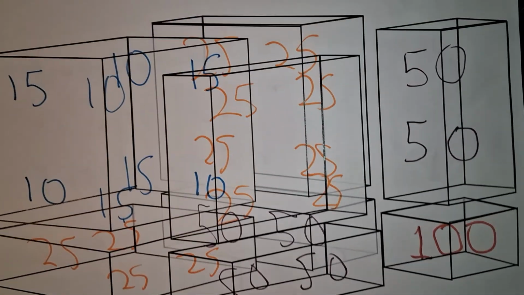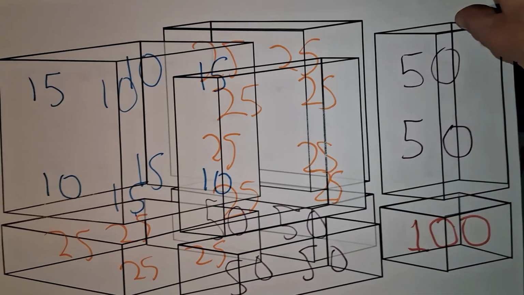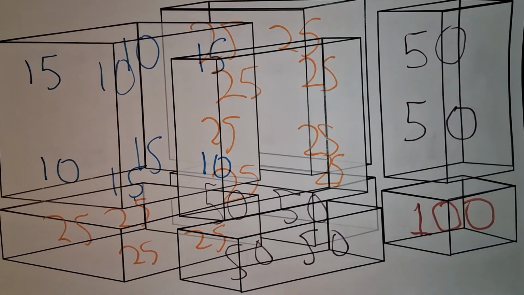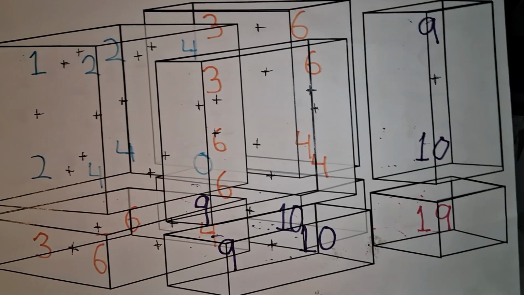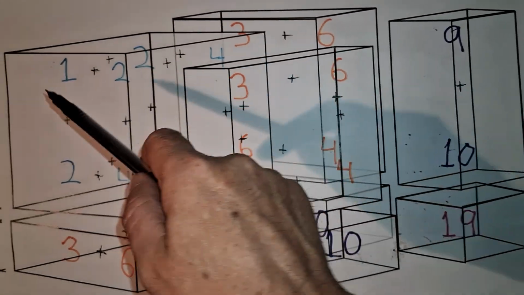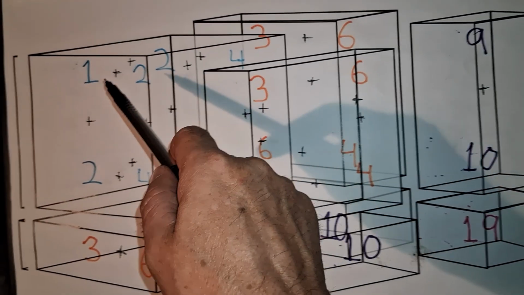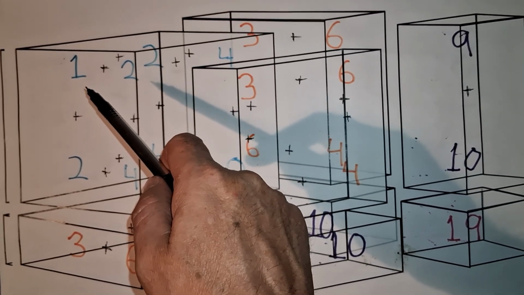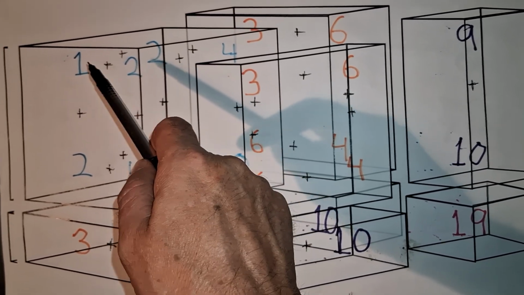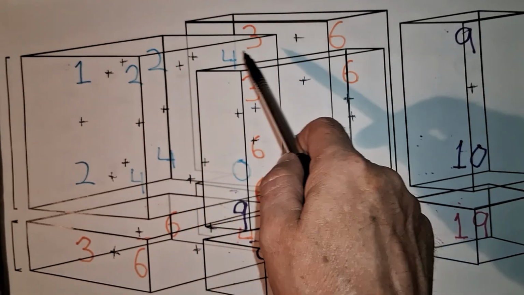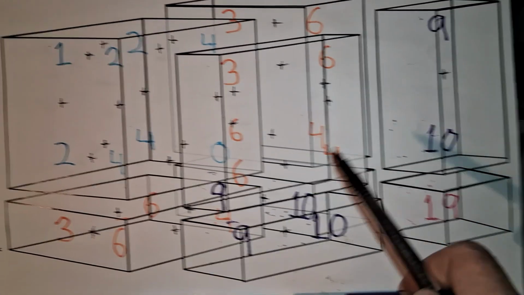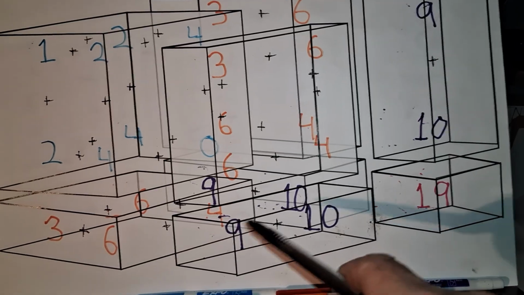I'll just rush through these real quick. Here's another one. You can freeze this if you want to make sure it's right. Now these are the plus signs. I've only done this with addition, but there are other arithmetic operations, I believe. 1 plus 2 is 3, 2 plus 2, and it goes, and you can freeze this to see that this all is 19.